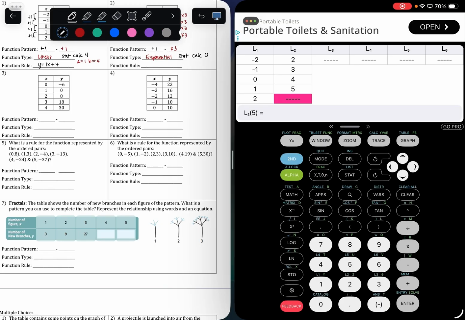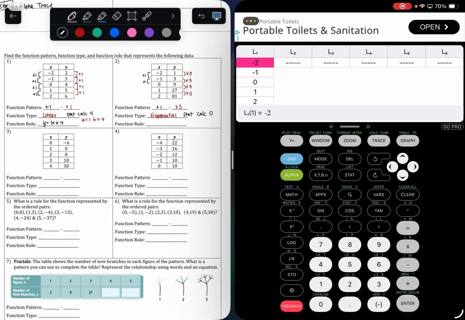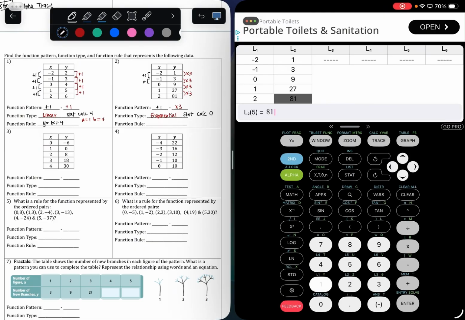stat edit, go up to L2, press clear, enter, go up to L1. These are actually the same x values, so I'm not going to clear those, but you could do the same thing. And so 1, 3, 9, 27, 81.